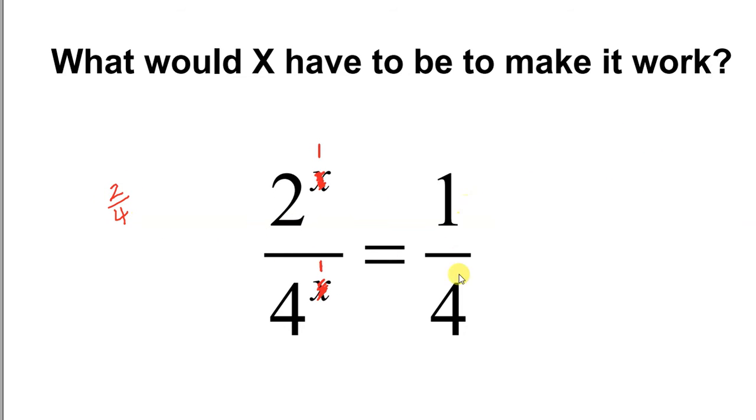Is that the same thing as a 1/4? No, that didn't work. Let's try a different one. Let's put in 2's. Let's put in a square there and a square there. 2 squared is 4. 4 squared is 16. 4 over 16 is 1/4. So this one did work.